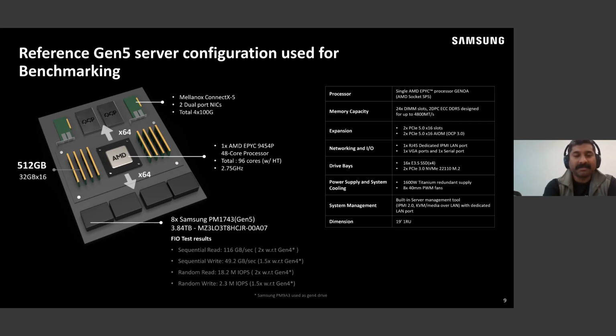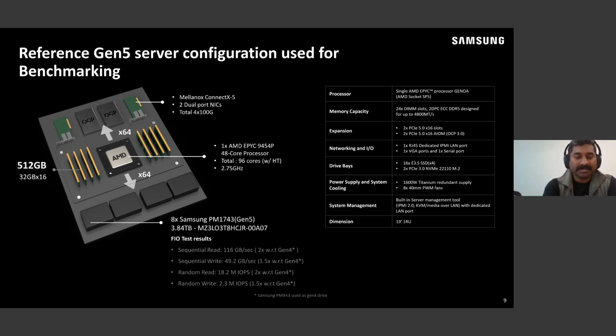The processor we used is the AMD Genoa CPU, EPYC 9554P. It had 48 cores. With hyperthreading, it is 96 cores. We had 4 by 100 gig network interfaces for this server. We used 512 GB of RAM here.